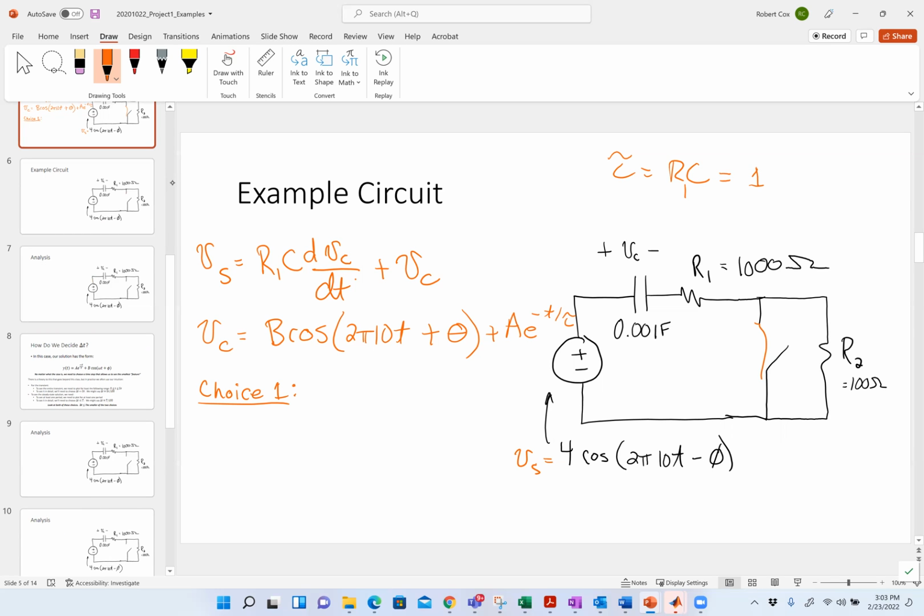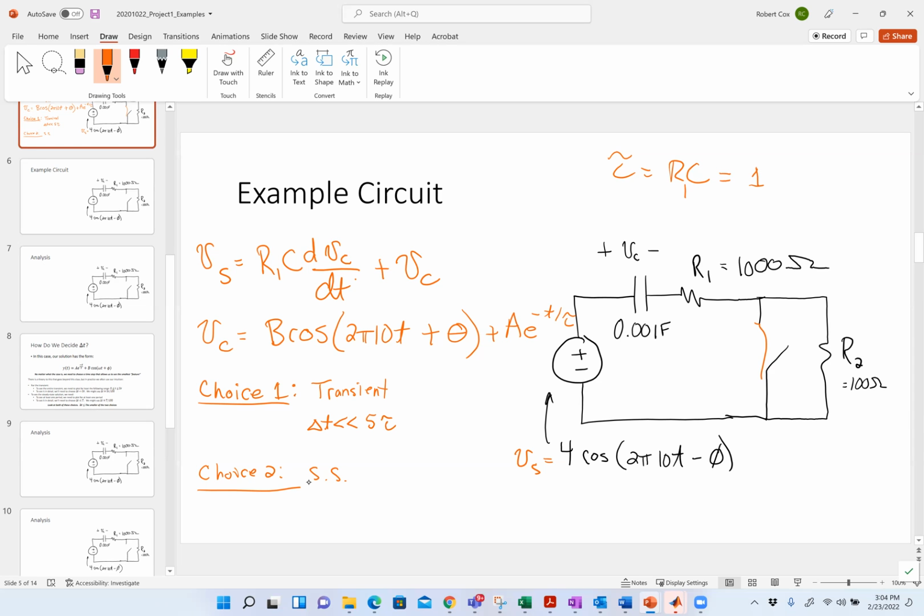In this case, I use the transient, and then I use the steady state, and I figure out which one requires the smaller time step, which one controls it. The smaller, okay? To see the full transient, how long does the transient take? 5 tau. So the transient takes 5 tau, and I want my delta t, my time step, to be much, much less than 5 tau.